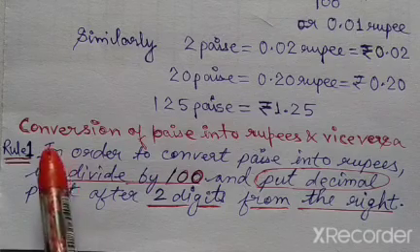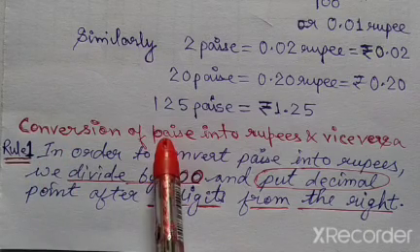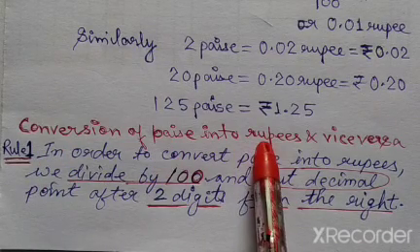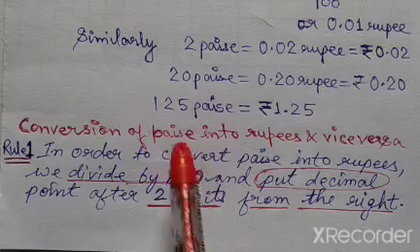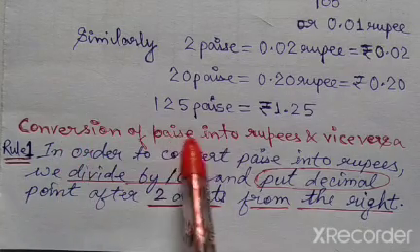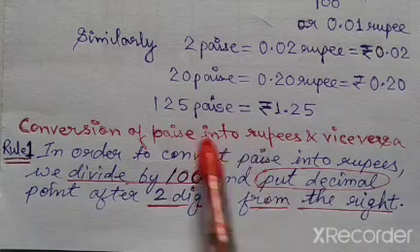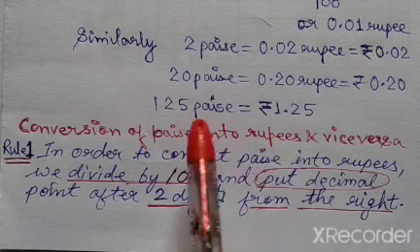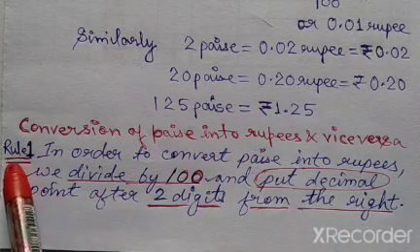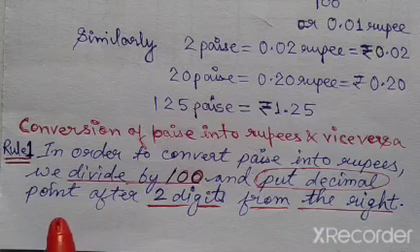Now children, we will learn how to convert paise into rupees or rupees into paise. So, conversion of paise into rupees and vice versa. First we will learn how to convert paise into rupees.